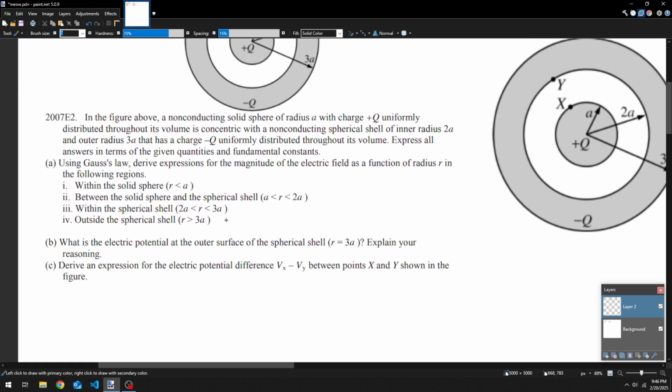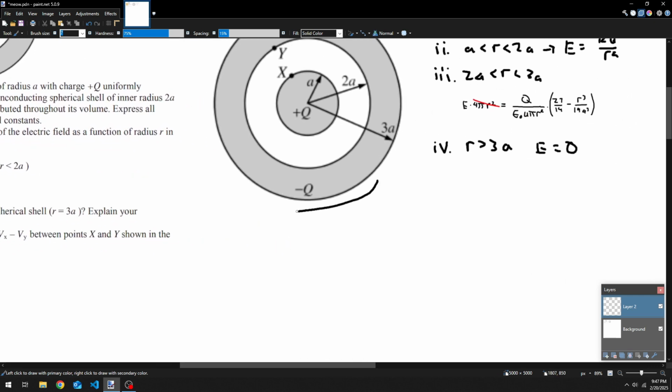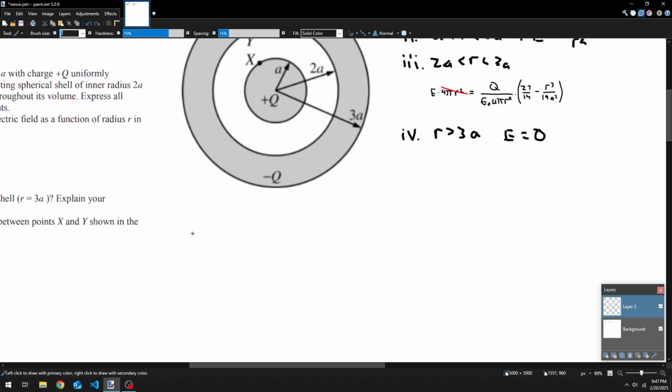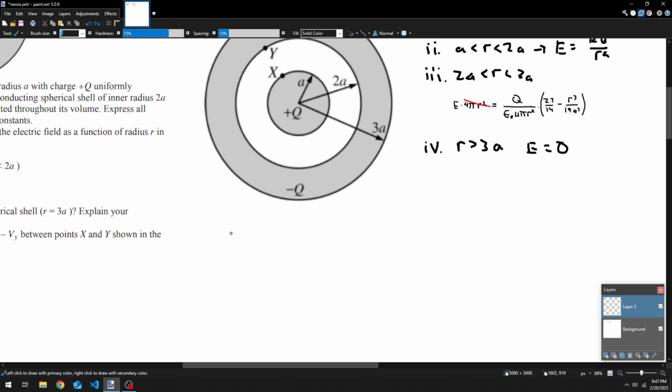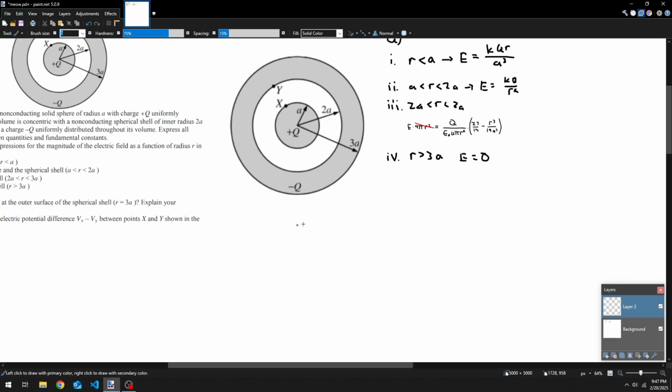Okay, part B says, what is the electric potential at the outer surface of the spherical shell, r equals 3a, and explain your reasoning. So basically, if we want to find the electric potential right here, we can use the fact that infinitely far away from this charge, V equals 0, right?